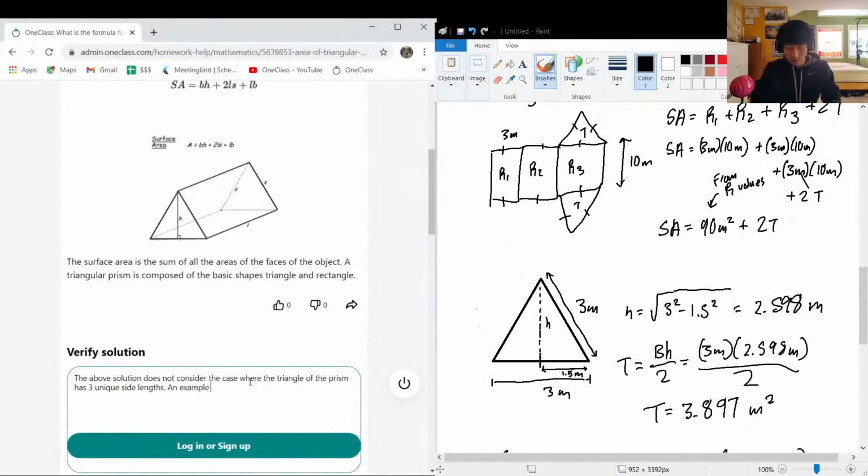An example of the calculation process would be good.